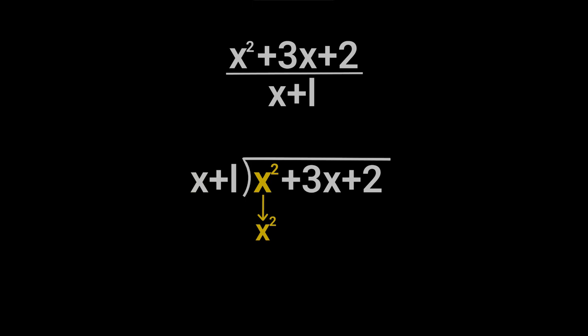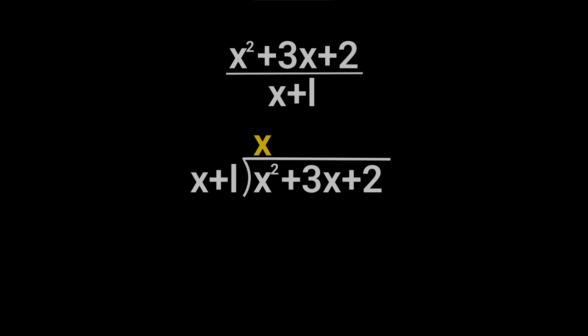The x is gonna come from the divisor. Once we divide, we got x. We're gonna take that x and put it on top of the division sign. Now the x is part of our solution, so we're gonna take this x and multiply it with the divisor.